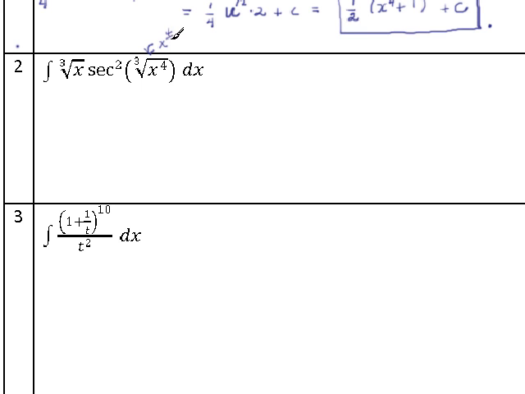So what's the derivative of x to the 4/3? Let's just do it over here. Take the derivative, bring down the 4/3. Subtract 3/3 from the exponent, we're left with 1/3. And that's it.